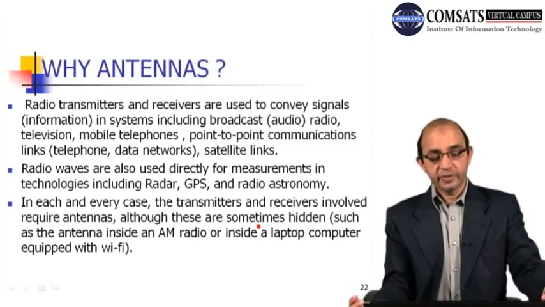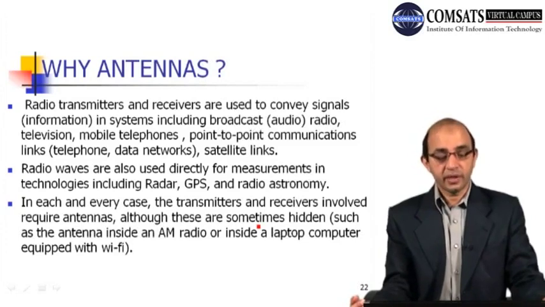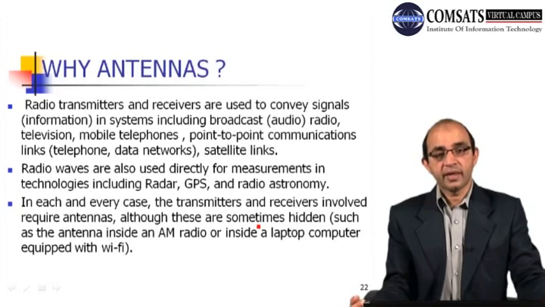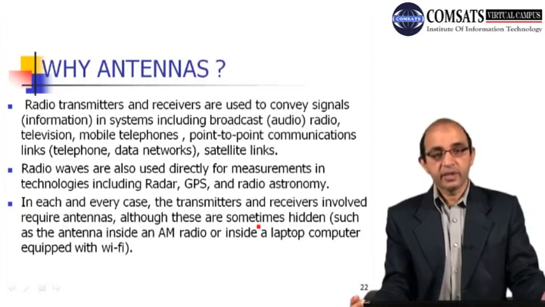Radio waves are also used directly for measurements in technologies including radars, GPS, and radio astronomy. But in each and every case, the transmitters and receivers involved in transmitting and receiving the data need antennas.